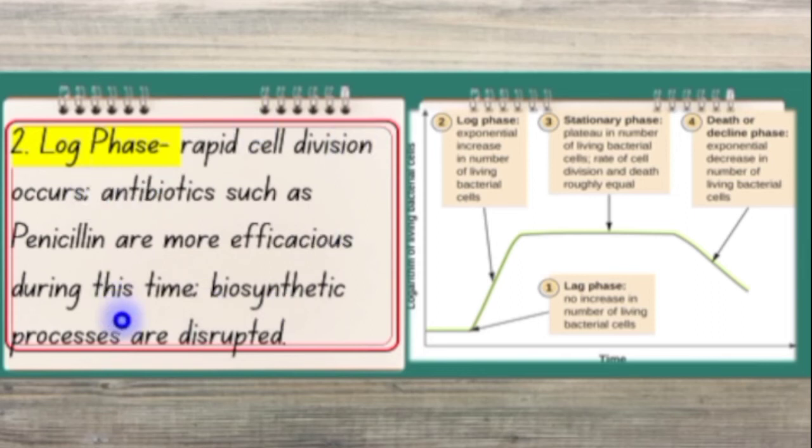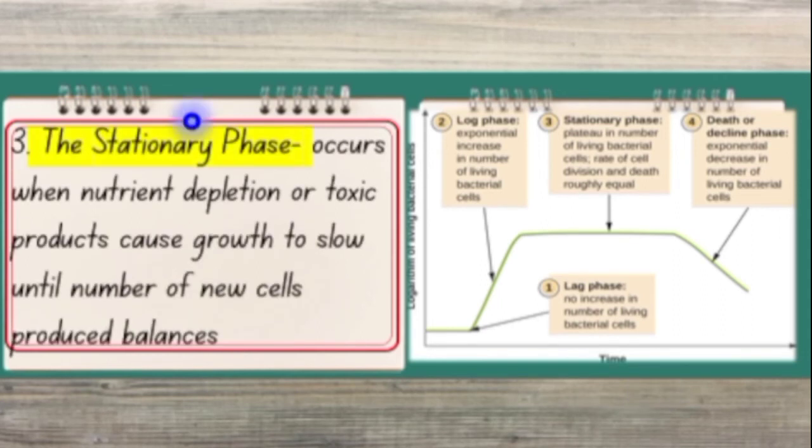So if, for example, toxic products such as antibiotics are administered, it will result in the stationary phase, wherein there is a reaction of the cells to toxic products, which may cause the growth of bacteria to slow down. Or maybe there is nutrient depletion.